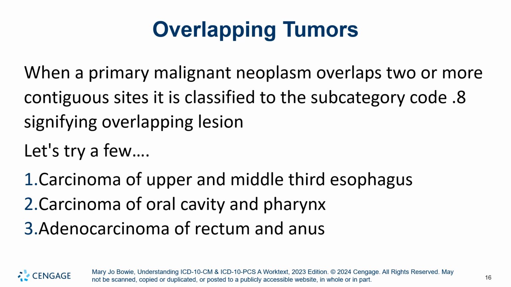You'll see it says overlapping lesion with anus or rectosigmoid junction under rectum. So we would use code C21.8 for that one.